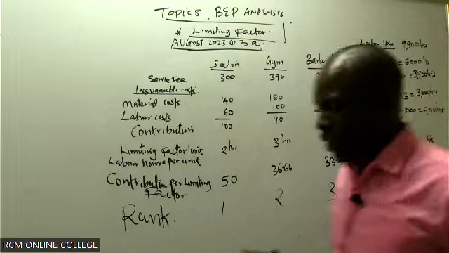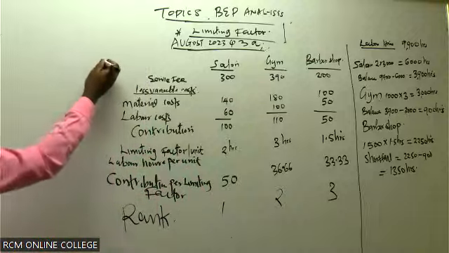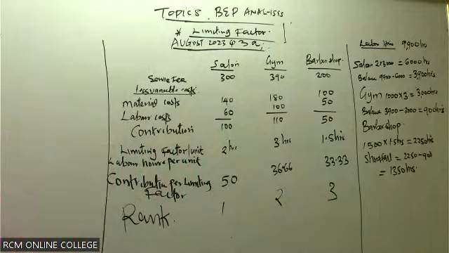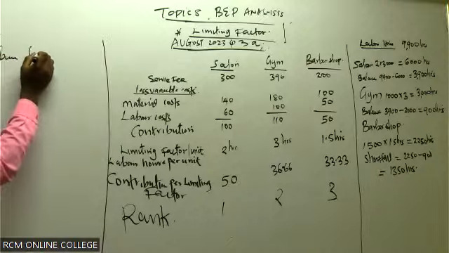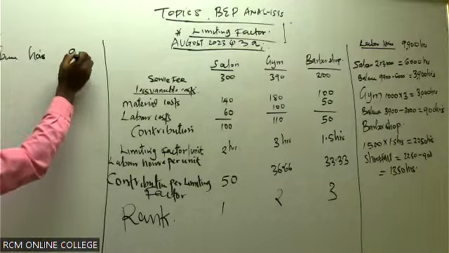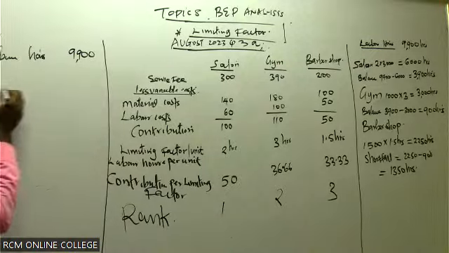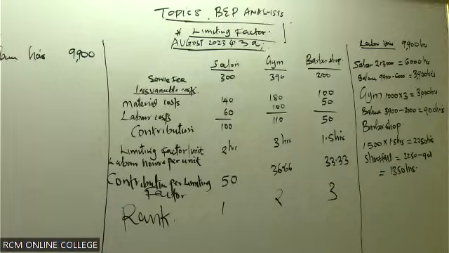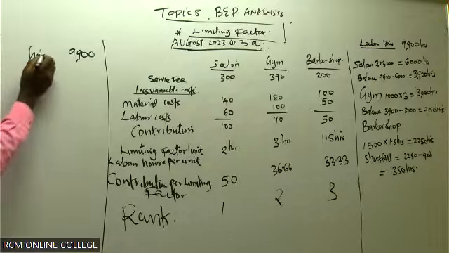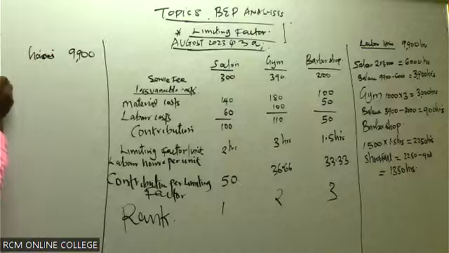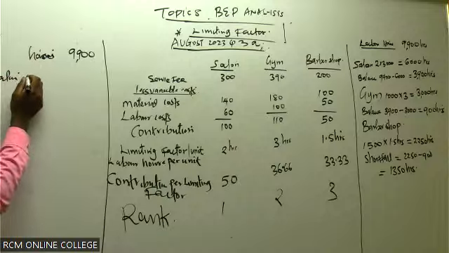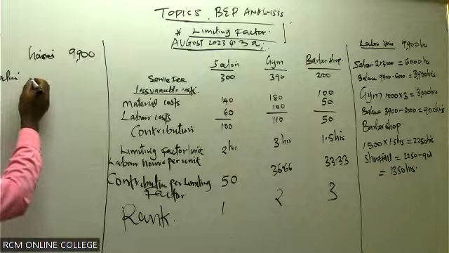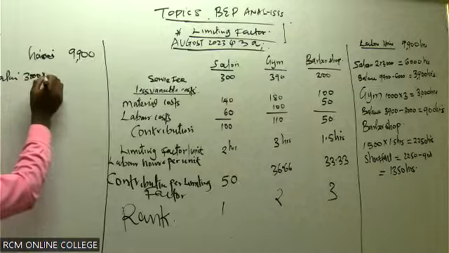Or in other words, you can also do it this way, if you don't want to go through that long procedure. Labor hours of the company are limited to 9,900. Under salon, we have to serve 3,000 clients and each requires 2 hours.